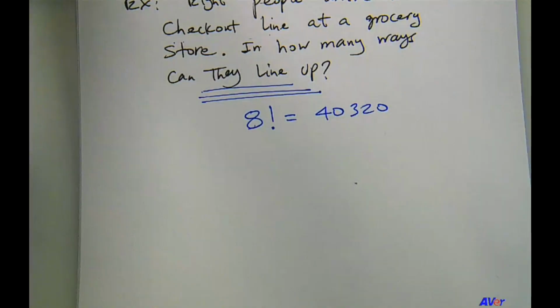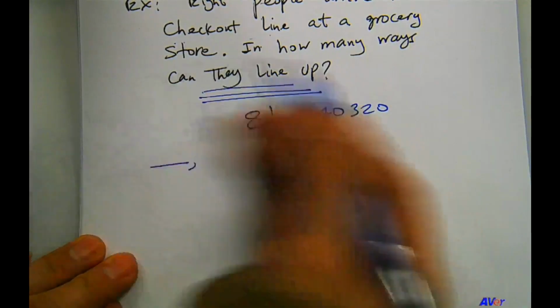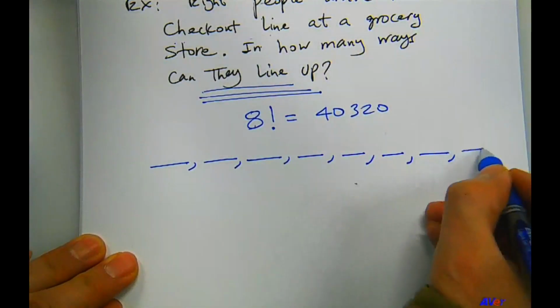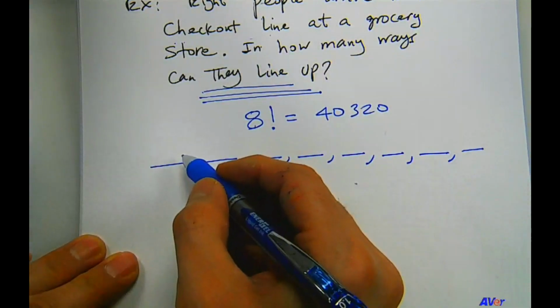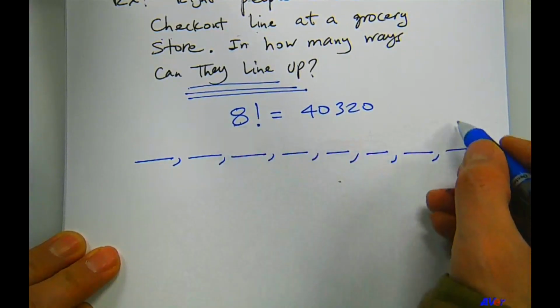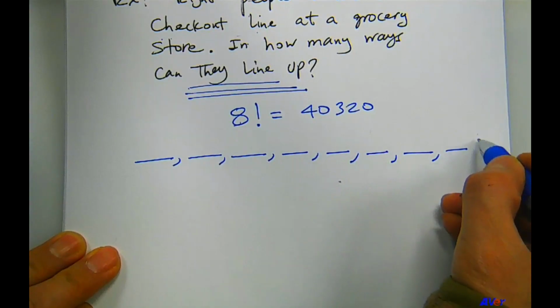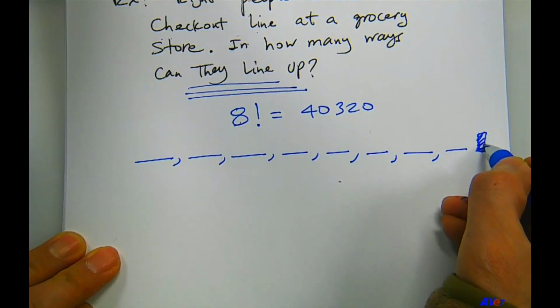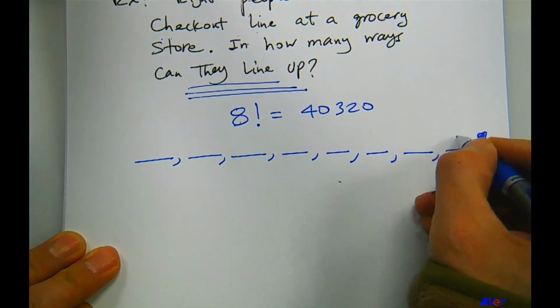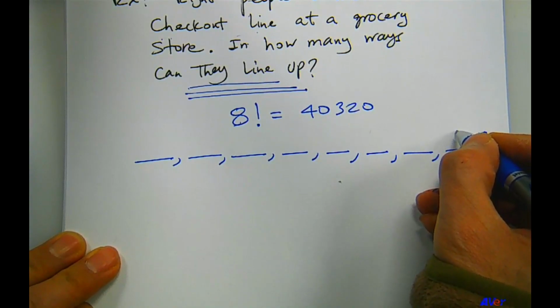Remember that? So what you would do is say, I have 8 people, so 1, 2, 3, 4, 5, 6, 7, 8. How many choices are there among these people to take the first spot at this checkout line? Well, there are 8 possibilities.